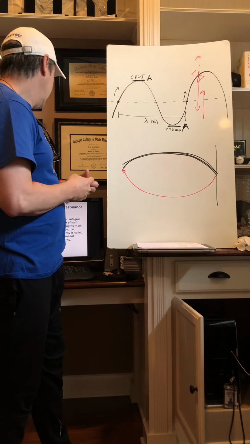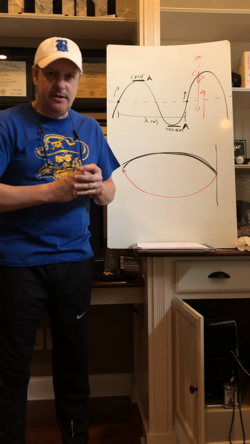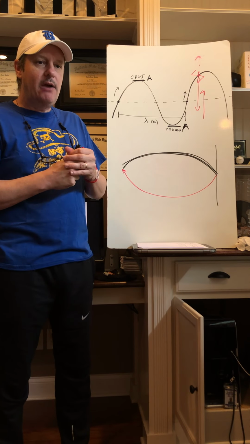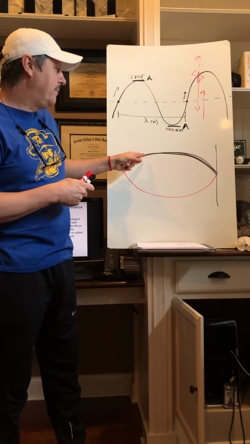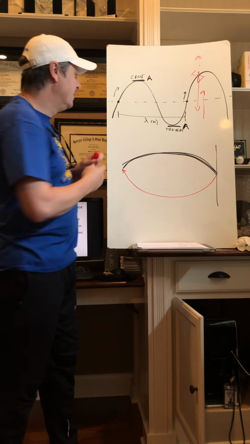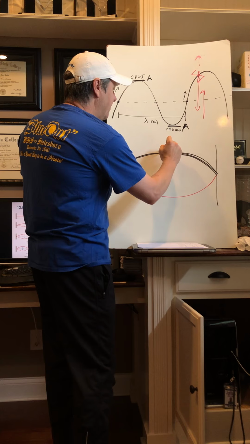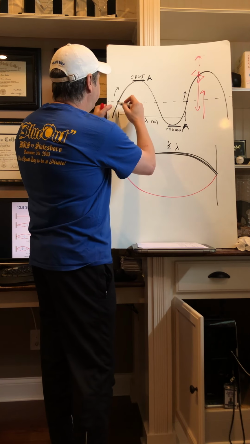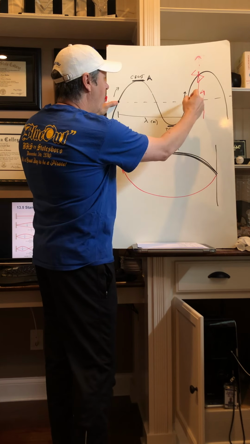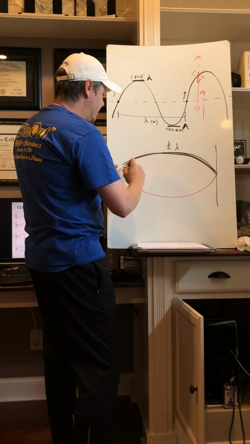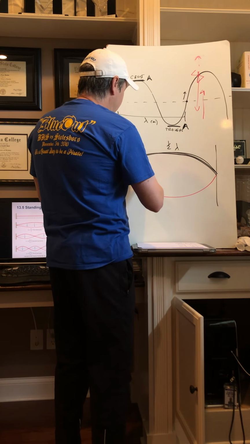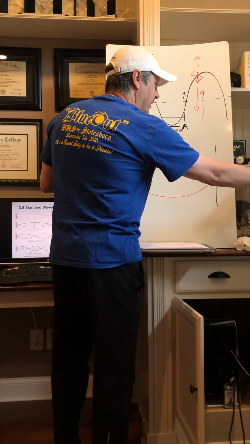That's called the resonant frequency, and that would be measured in hertz. By the way, that would be a half a wavelength. This is one half of a wavelength. If from here to here is a whole wavelength, then one little hill would be a half a wavelength. So a whole wavelength would be like here over to here.